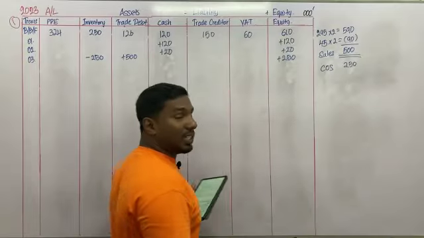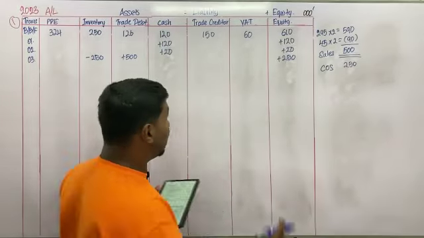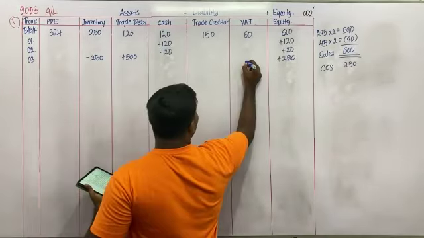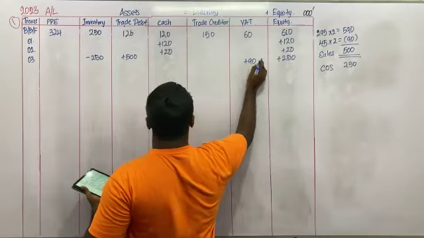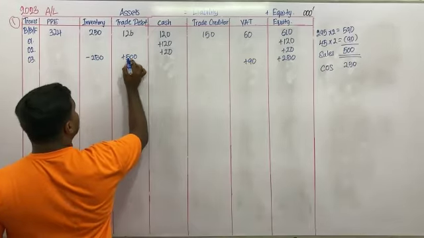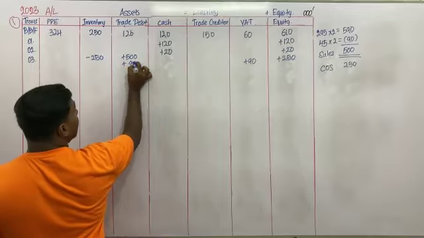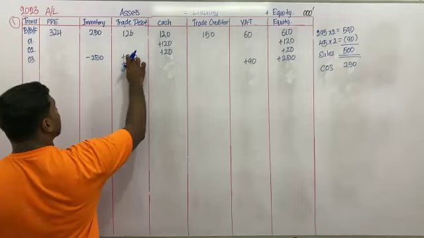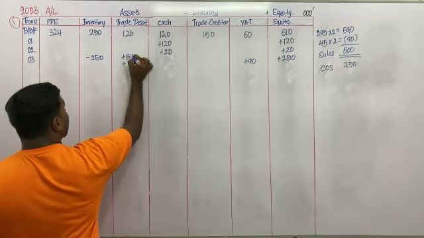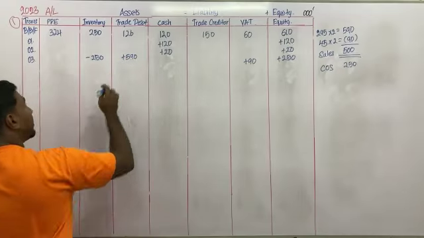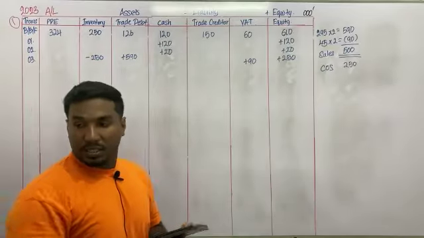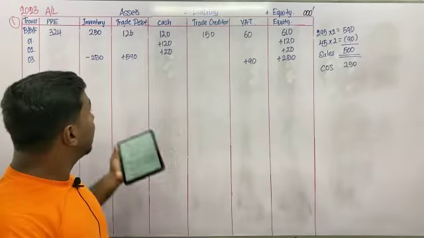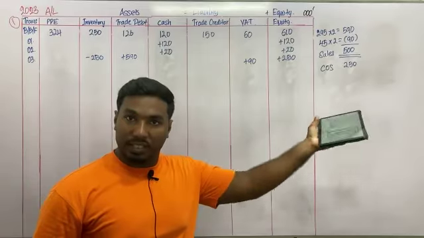Now the VAT is 90. Sales VAT is a credit, so VAT is 90, and the sales VAT goes to trade debtors, which is also plus 90, which means the total value is 590. That is the simple way you can enter sales-related VAT transactions.